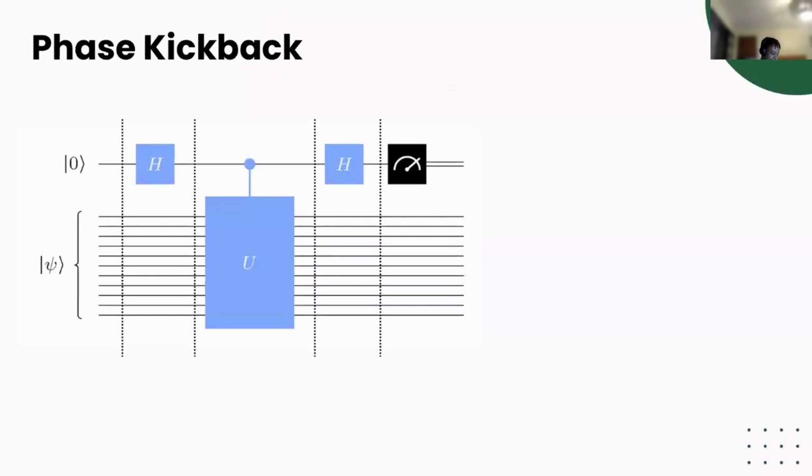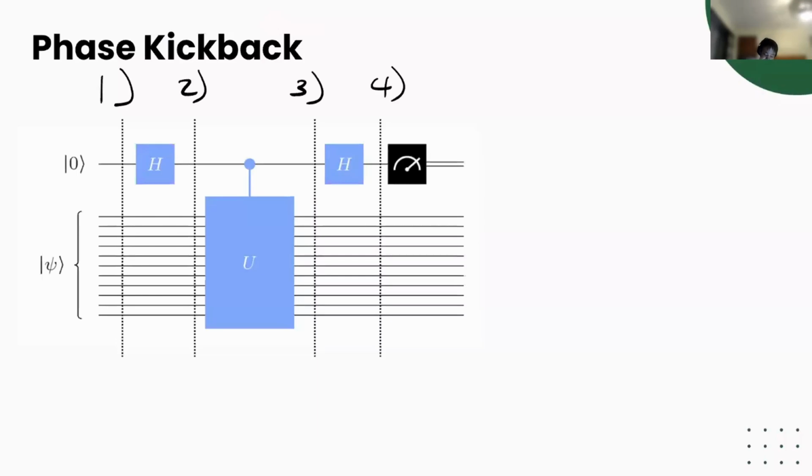Let's take a look at what happens as we progress through this circuit. I'm going to label these, actually, let's do it up top. I'll have what the state looks like here, here, and here.